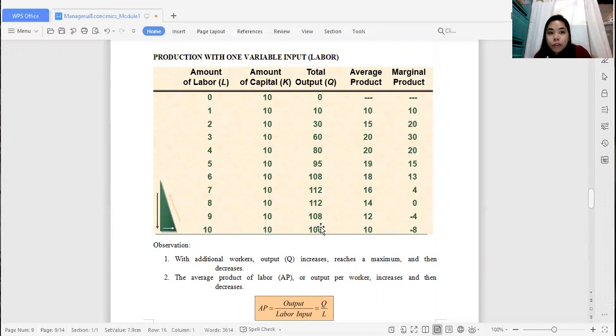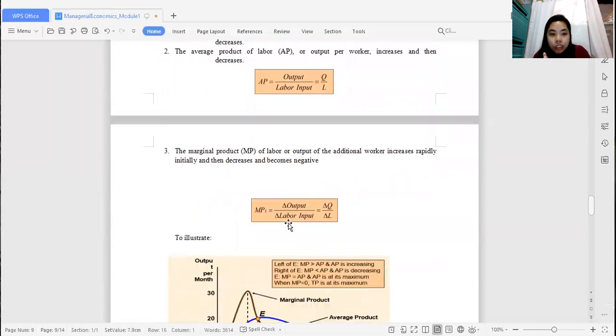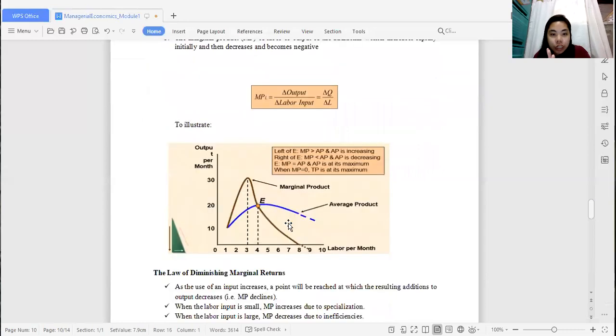So those are our observations on our production function if we have a variable input and a fixed input. So that is the short run. If we graph, this is the graph of the marginal product. It increases rapidly, then eventually decreases and then becomes negative.